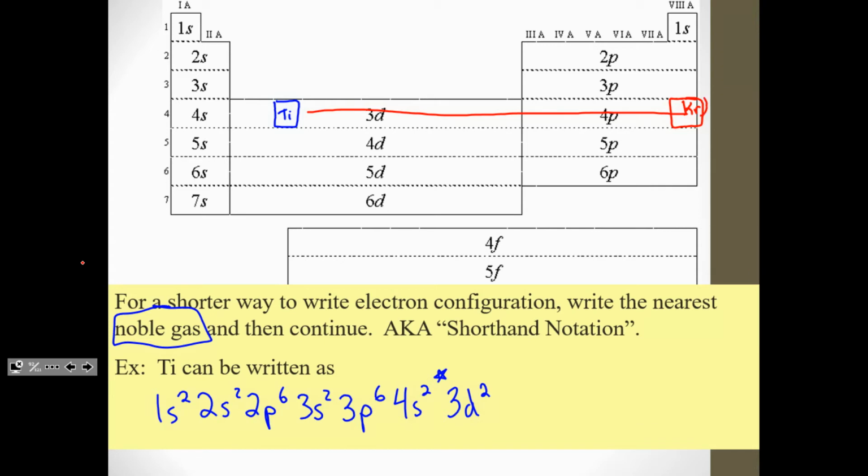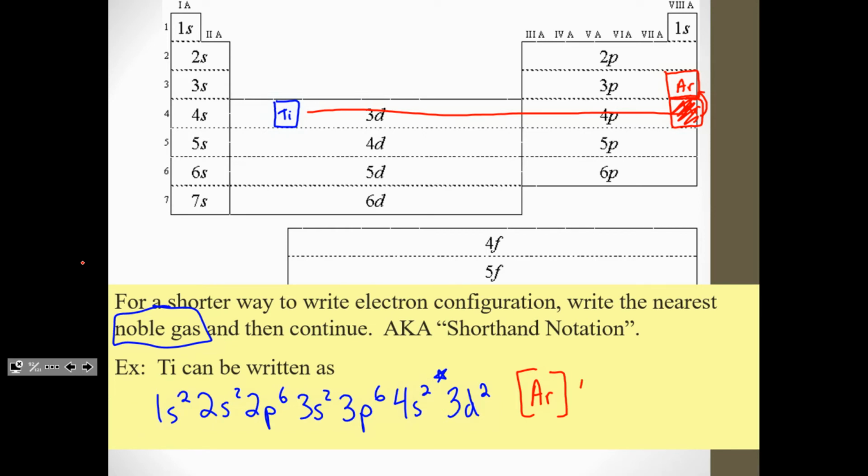You're going to go up and find that noble gas, which is argon. So we don't want krypton, we want the one above it. We can put argon in brackets like this, and say we know everything up to argon, and then we can read like a book and go from there.